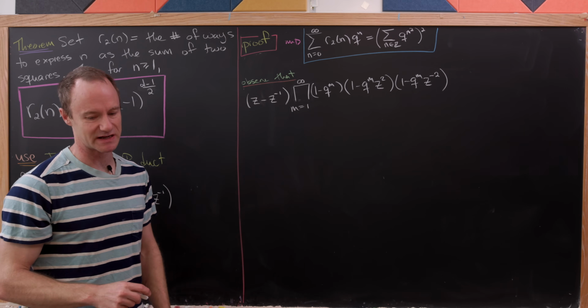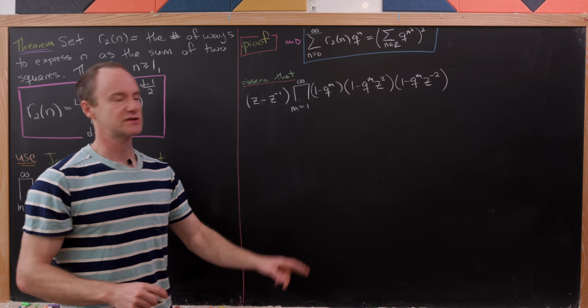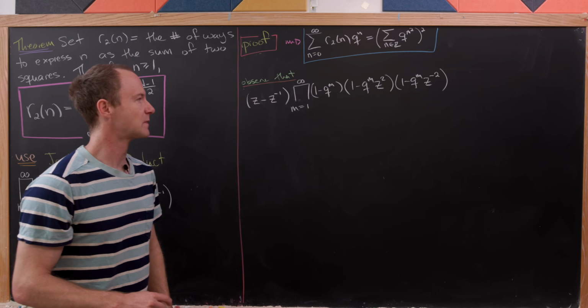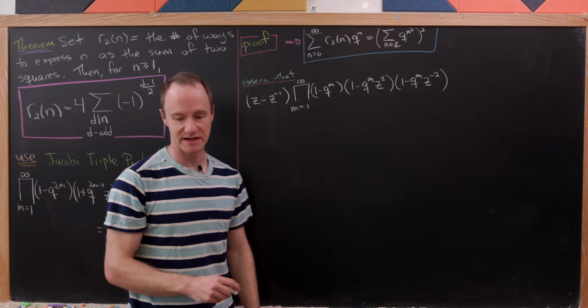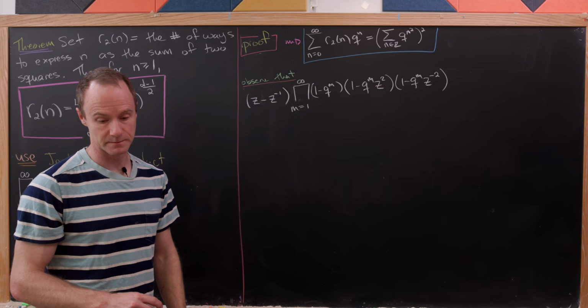z minus z to the minus 1, multiplied into this infinite product. So notice it's a product over m, and we've got 1 minus q to the m, 1 minus q to the m times z squared, and 1 minus q to the m times z to the minus 2.